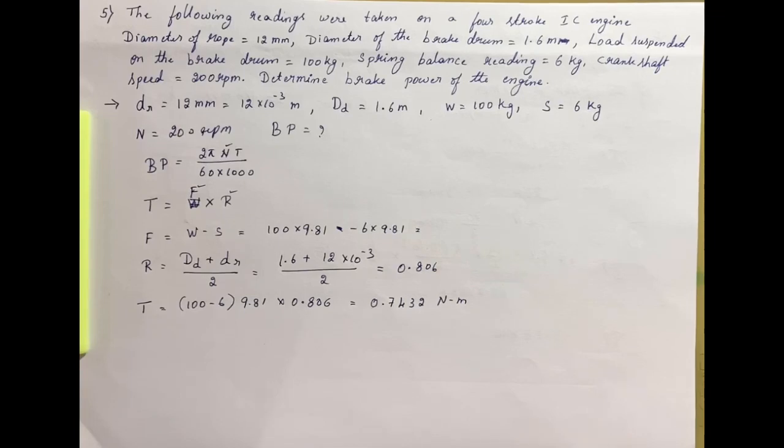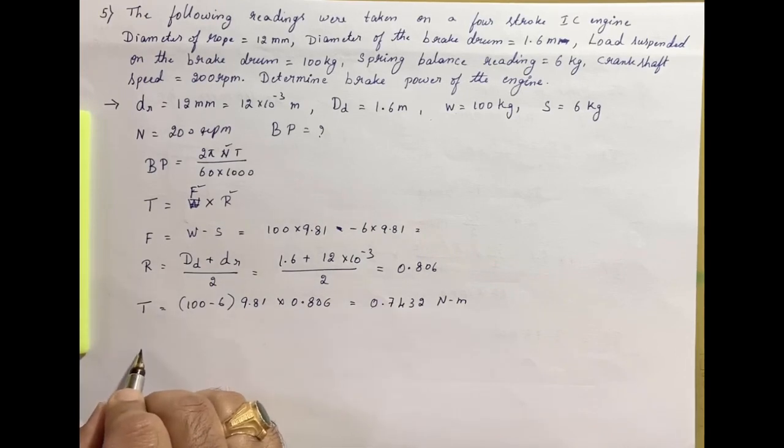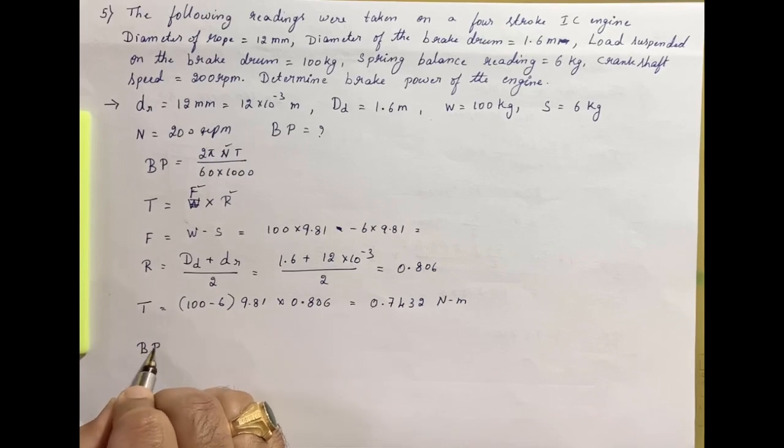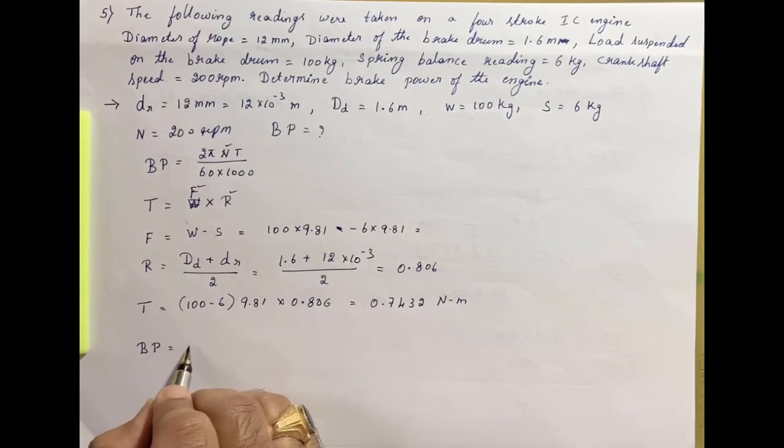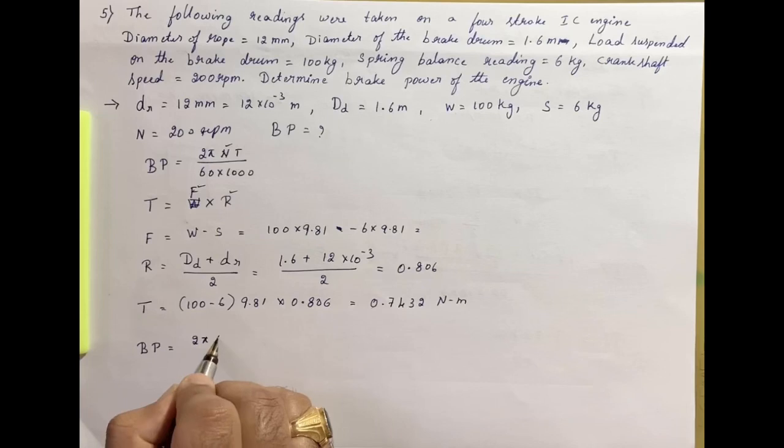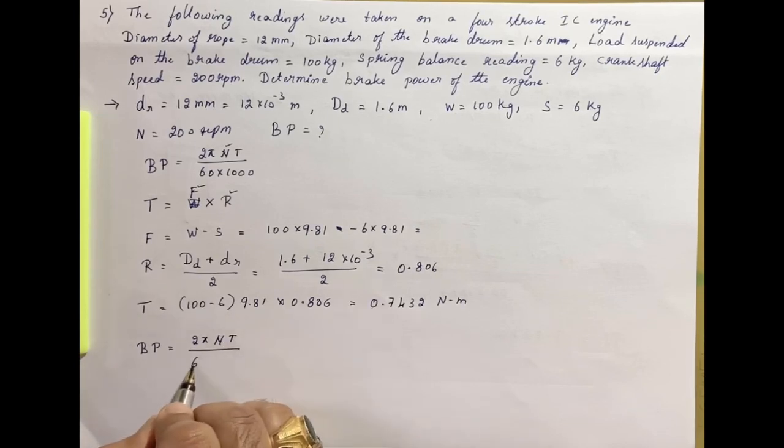Now we need to find out the brake power. To find BP, we have 2 pi N T divided by 60 into 1000.